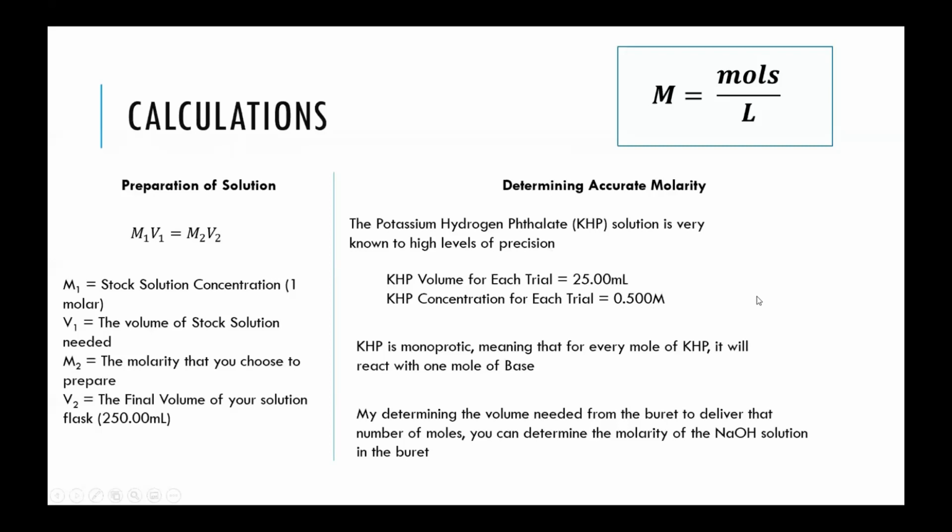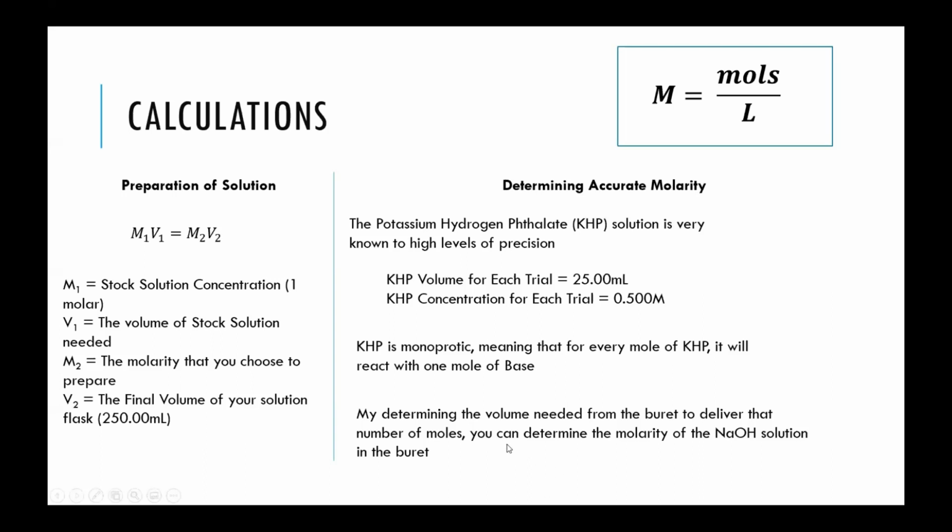This reacts with sodium hydroxide in a 1-to-1 ratio. So by using this volume and this molarity, you can figure out how many moles of potassium hydrogen phthalate are in each flask, and therefore how many moles of sodium hydroxide would react with it.